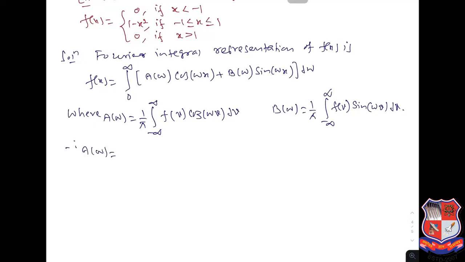So therefore A(omega) equal to 1 over pi.